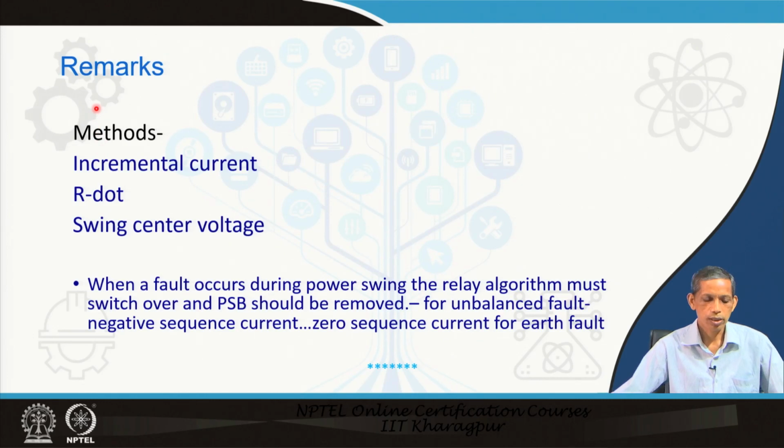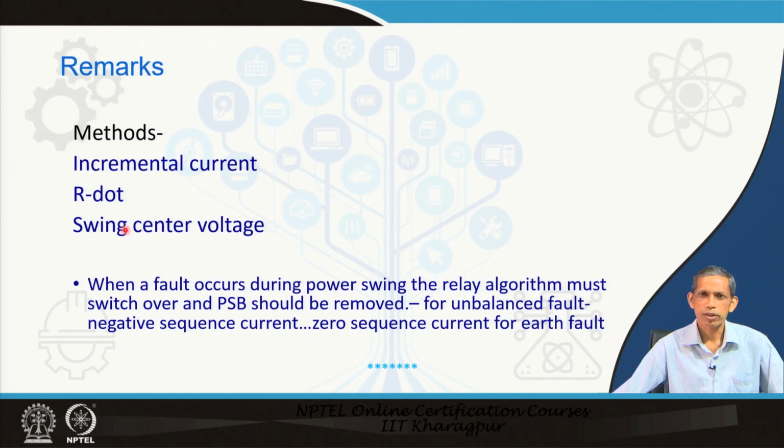In general, we saw three methods in this lecture: incremental current, only from the current signal; the R-Rdot approach for out of step tripping; and finally the swing center voltage approach and its derivative.